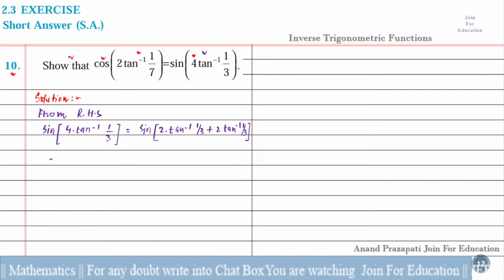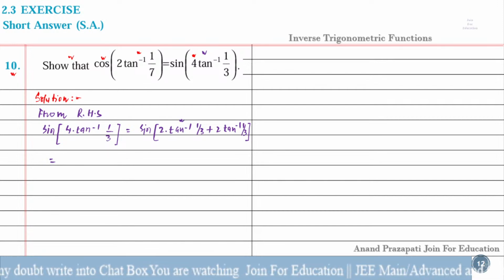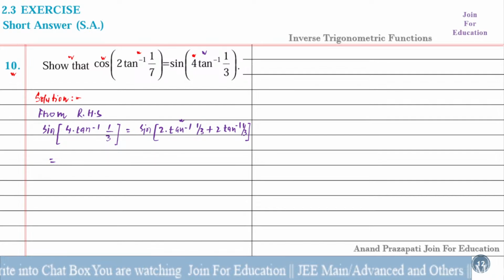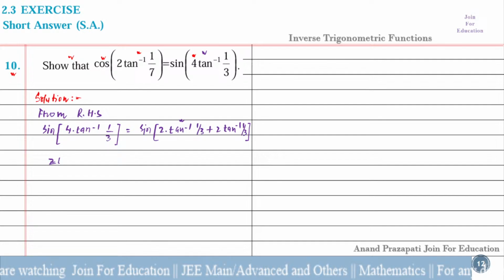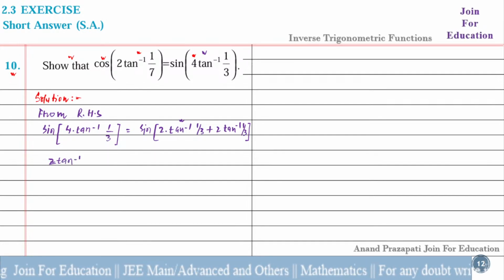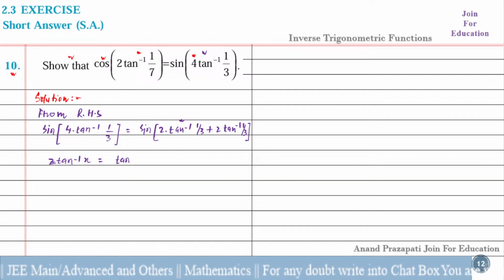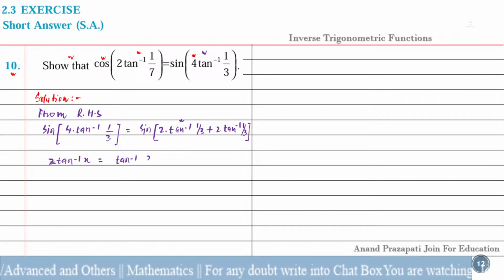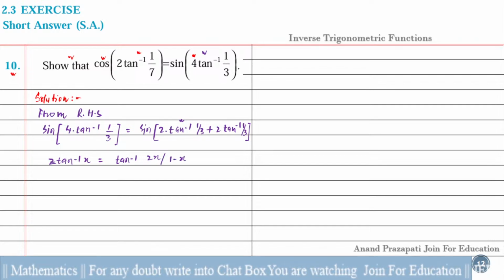So here we expand this one according to 2 tan inverse x, and we know that 2 tan inverse x equal to tan inverse 2x by 1 minus x square.